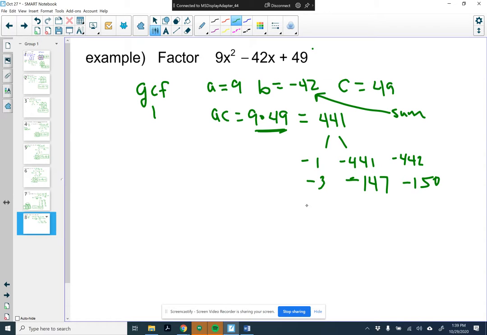Okay, is it divisible by 4? No. 5? No. 6? No. 7? Yes. 7 and 63, because 441 divided by 7 is 63. Or you can move numbers around right here. Divisible by 8. No, we're not even going to try evens. 9, yes.